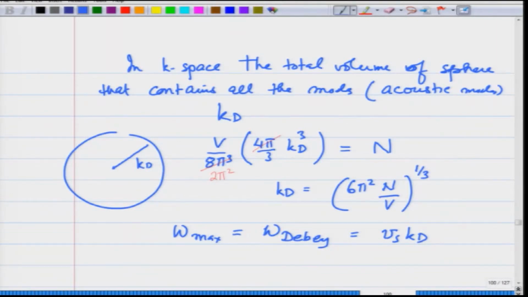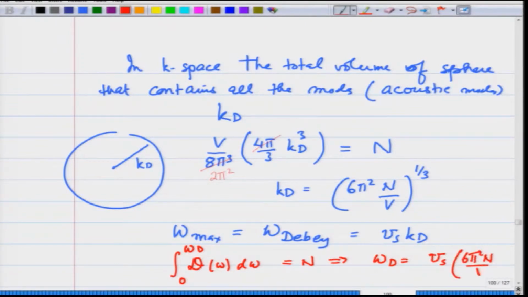If you look at it slightly differently, what I am going to have is the integral of g(ω) dω integrated from 0 to ω_D should be equal to the total number of modes, which will again give me, and I leave this calculation to you, that ω Debye is going to be v_s times 6π² N over V raised to 1/3.